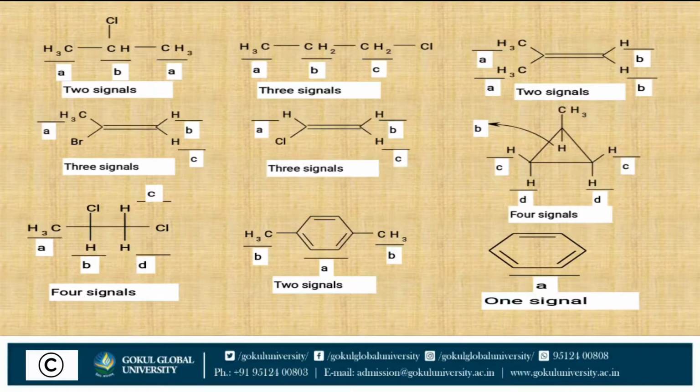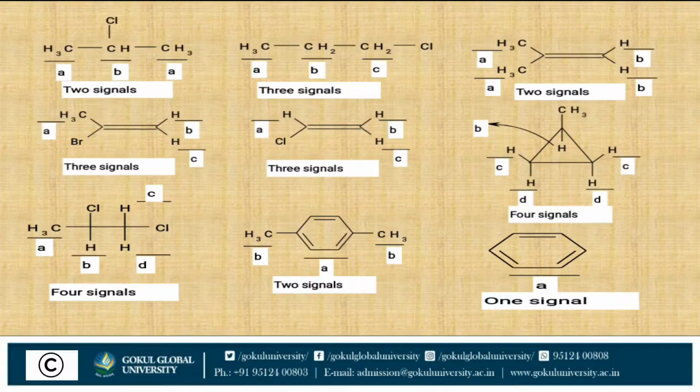So there is no axis or plane of symmetry present in the molecule. Hence these two protons on the double-bonded carbon give different signals, by the absence of any plane of symmetry or axis.